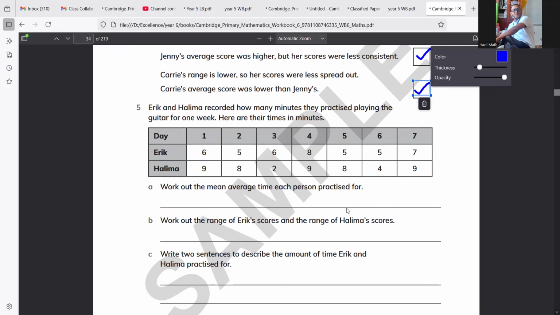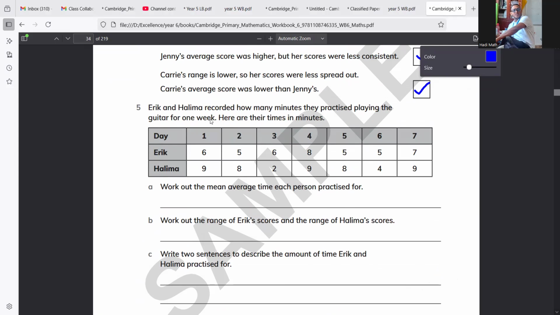Let's go to question number 5. Question 5, they say Eric and Halima recorded how many minutes they practiced playing the guitar for 1 week.